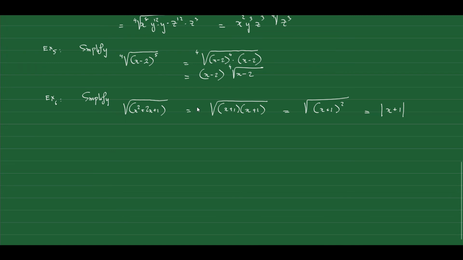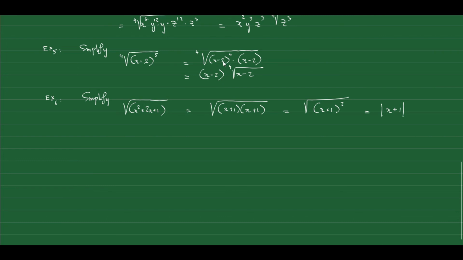Actually, the same thing over here. This should be absolute, because we don't know if it's positive or negative. I don't really consider that much. If you put the answer like this, it would be okay. But in your MyMathLab, they want you to put in the absolute value because you don't know that it's positive or negative.